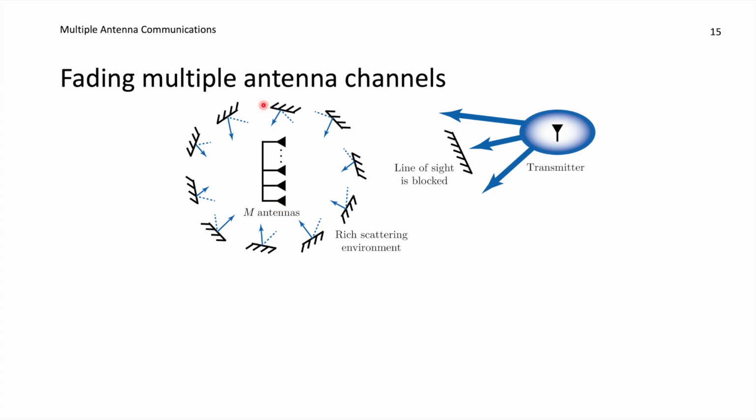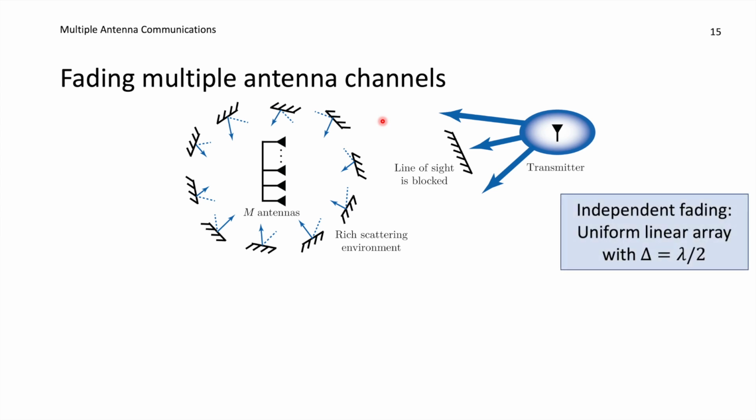That is generally not the case, because the waveforms that are reaching this array come from the same angles, so different elements will observe different superpositions of the same waves. But under some assumptions, in particular when considering a uniform linear array with half a wavelength spacing and having multipaths that are coming from all angles uniformly distributed, then one can show that the individual antennas are getting independent fading realizations.